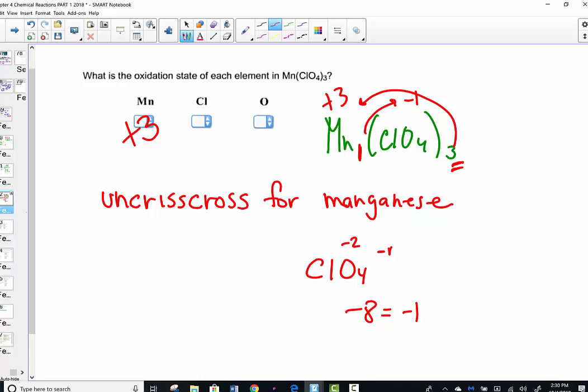What is the oxidation state of chlorine? +3 for the manganese, +7 on the chlorine, and a -2 for the oxygen.